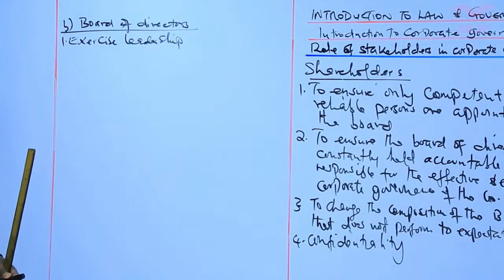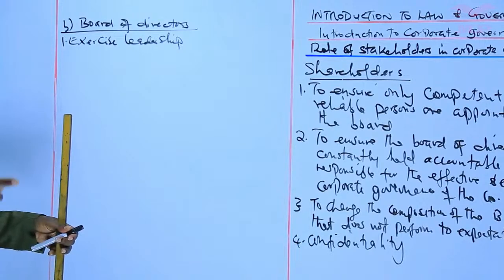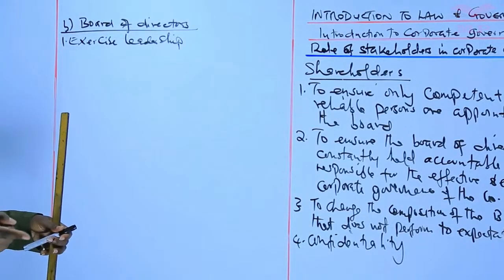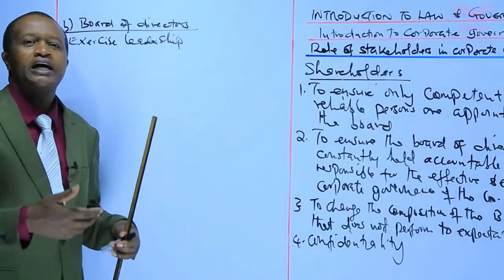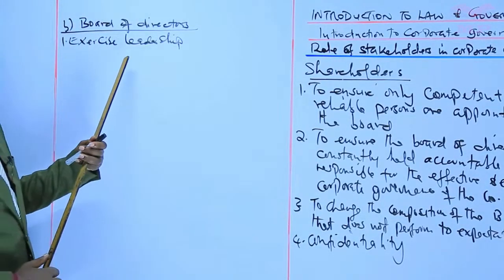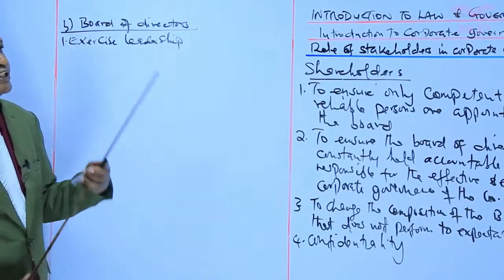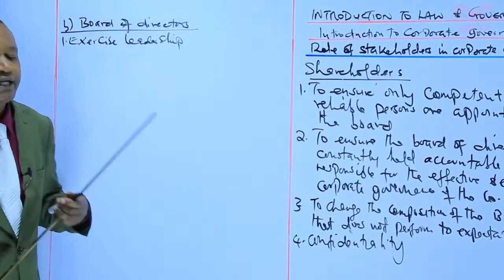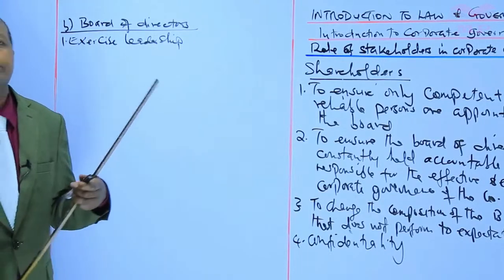They exercise leadership, they act, they make sound judgments, and when exercising leadership, they're supposed to exhibit high levels of integrity, because these are individuals who've been entrusted with the duty to steer the company to prosperity. So exercise leadership.